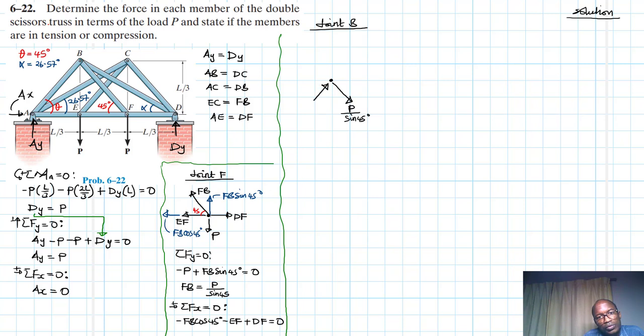You can assume this to be in compression as well as this one. So this one we say is AB, and then this one is DB, right?